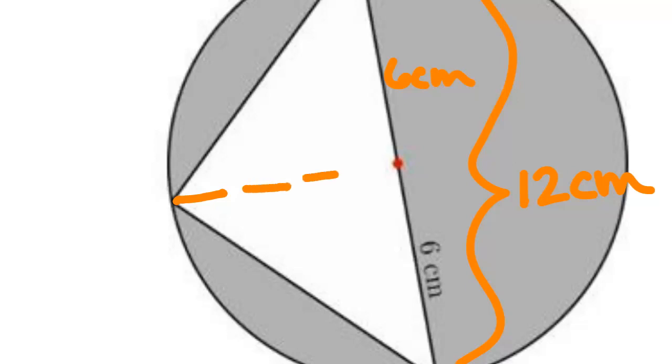This would be my height. Makes a right angle here. Goes from the center to the edge. So this dashed line would be what part of the circle? A radius. Well, how big are all the radii in this circle? 6.